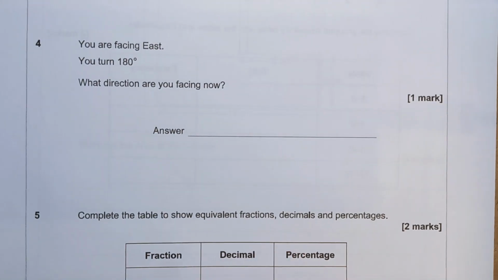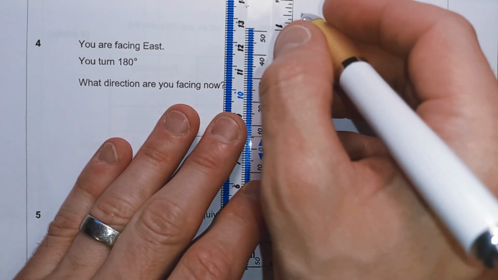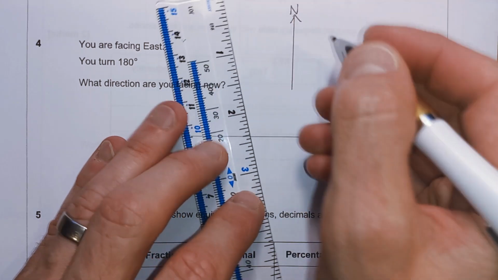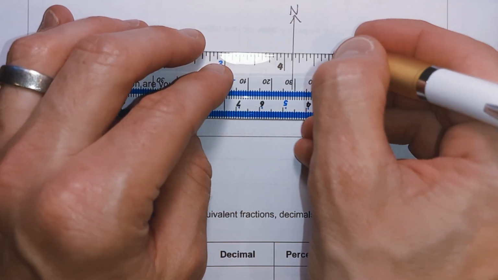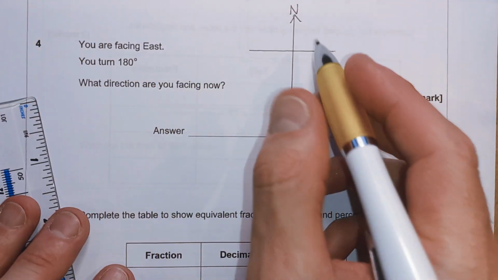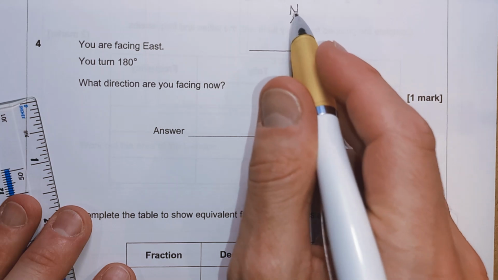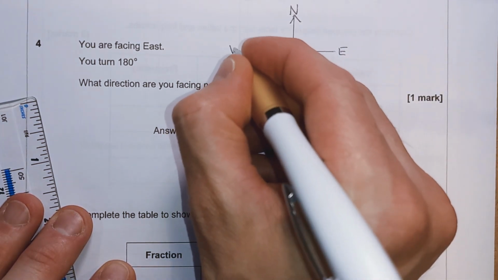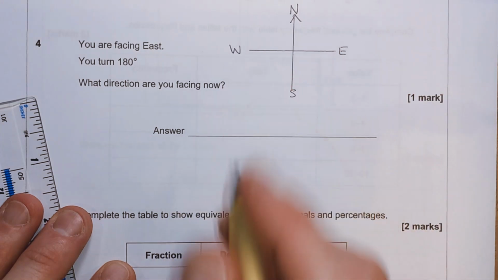Question 4. You are facing east. You turn 180 degrees. What direction are you facing now? So let's draw some quick compass directions. We'll have north up at the top. And on a compass, we always have never eat shredded wheat: north, east, south, west.